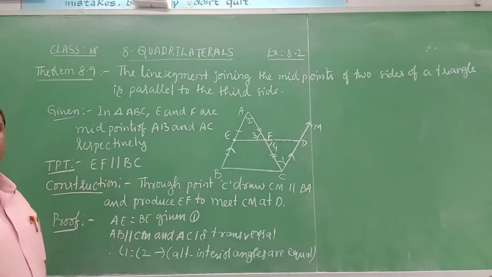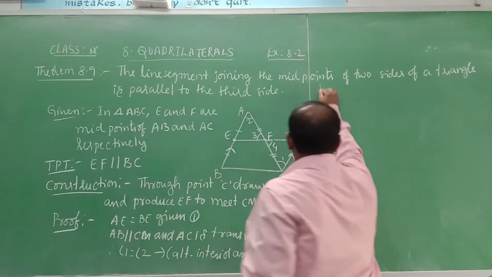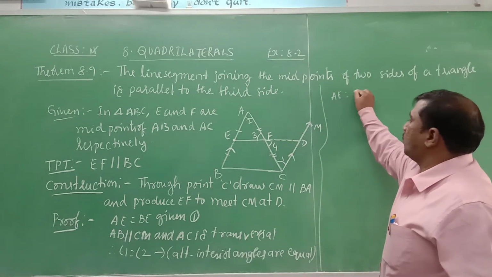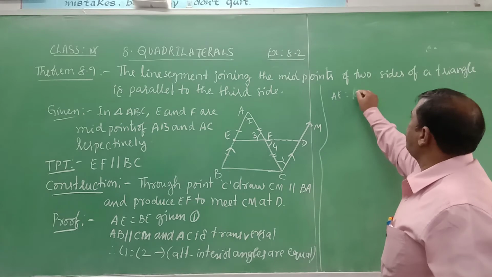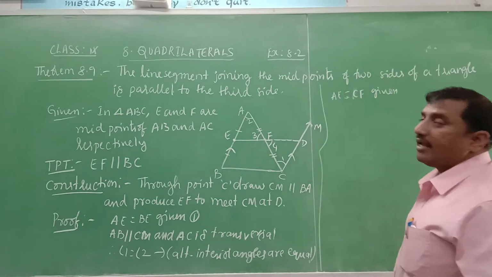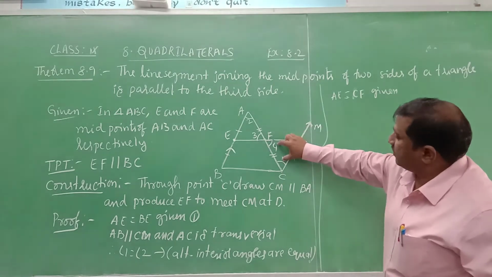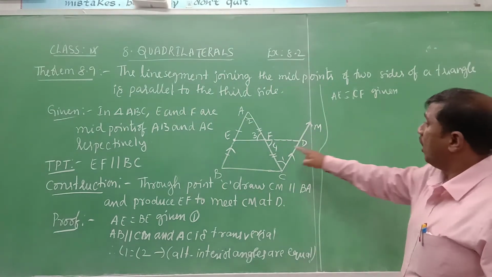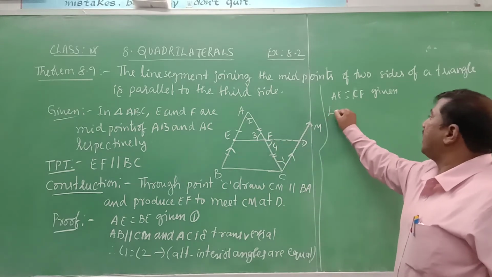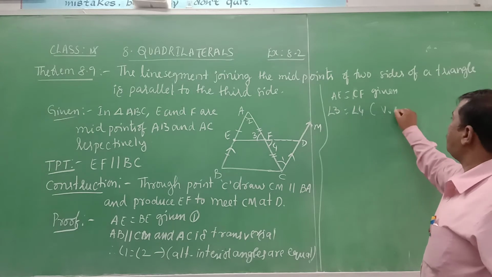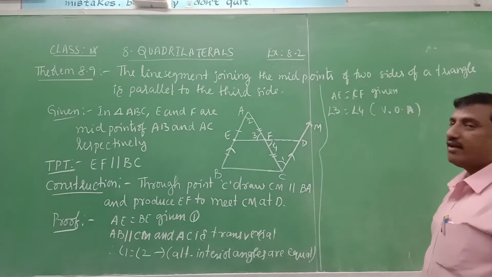And AF is equal to CF. It is given in the question. Now, what about angle 3 and angle 4? Angle 3 is equal to angle 4. Vertically opposite angles are equal.